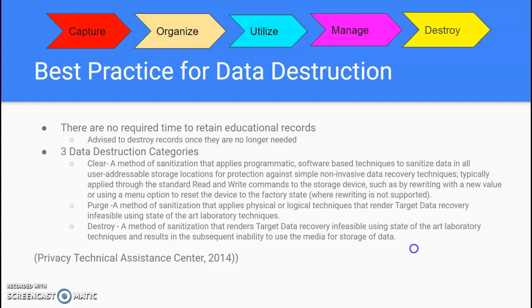This is a physical or logical technique that renders target data recovery infeasible. So you can't retrieve the data once the memory has been wiped. Or destroy. So this is just making sure that no storage of any data can be recovered.